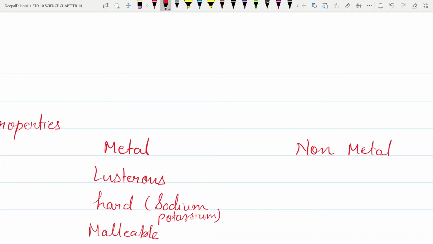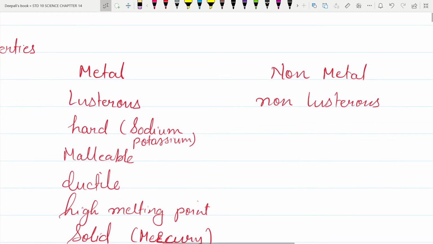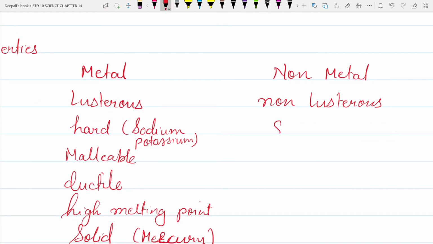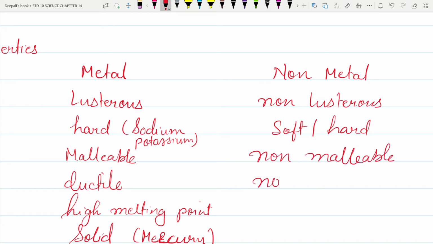Non-metals are non-lustrous, may be soft or hard. They are non-malleable, non-ductile.